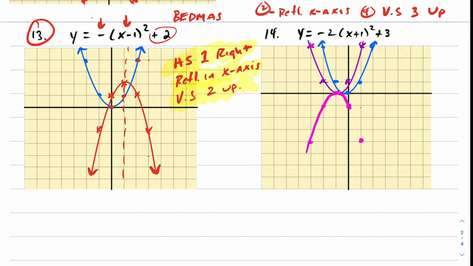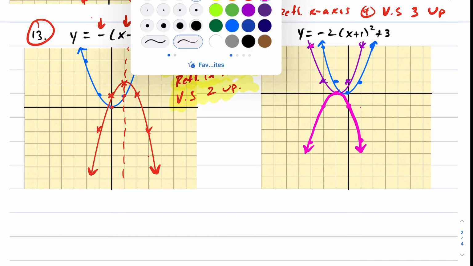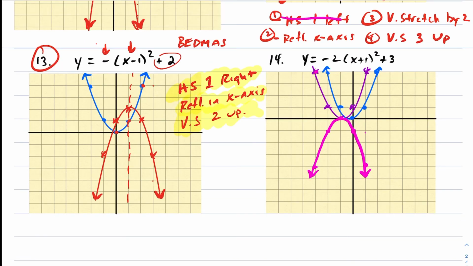So now this quadratic here is going to represent a reflection in the x-axis. Just so everyone can see what each of these are, my graph in purple would be y equals (x plus 1) squared. My graph in pink now is y equals negative (x plus 1) squared.